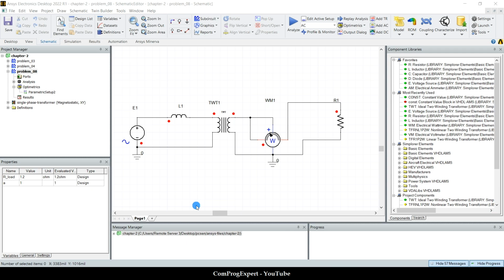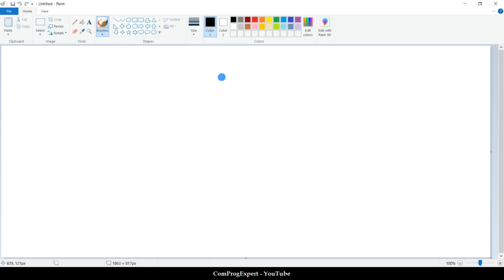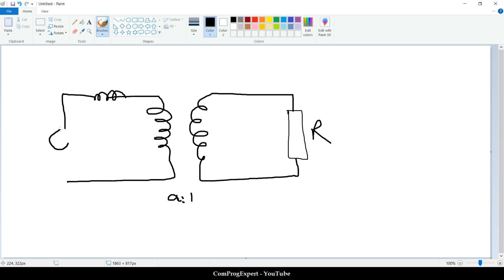Okay, so now let's do a parametric analysis. I want to change the value of the load resistance and calculate the load power, fixing the value of the turns ratio. I just want to generate this graph for our problem.